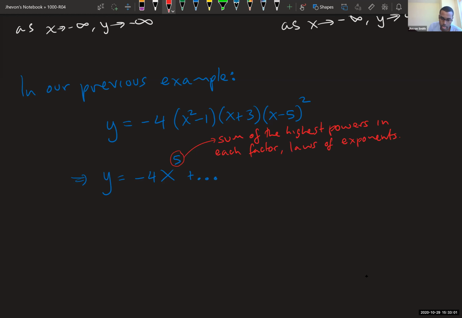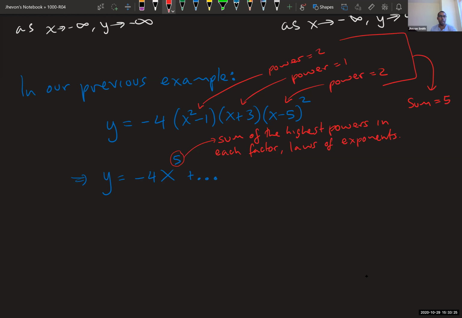So this here has power 2. This here has power 1. This here has power 2. And then when you do this, the sum is 5.